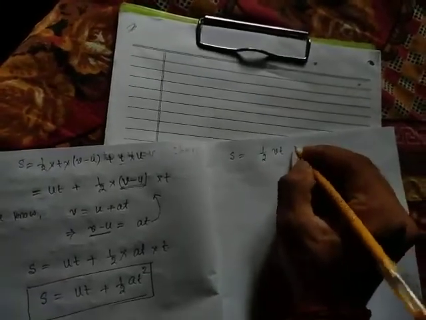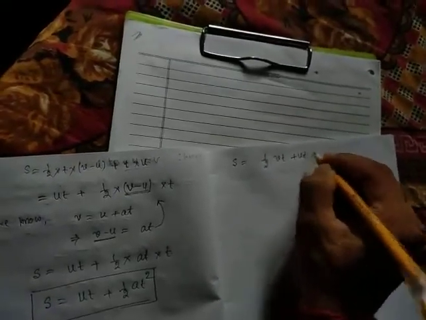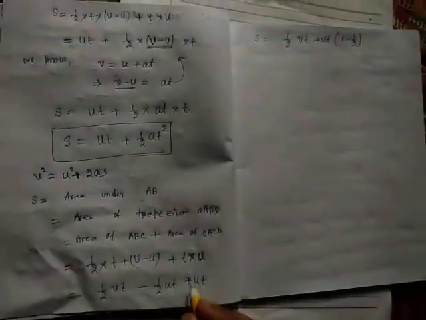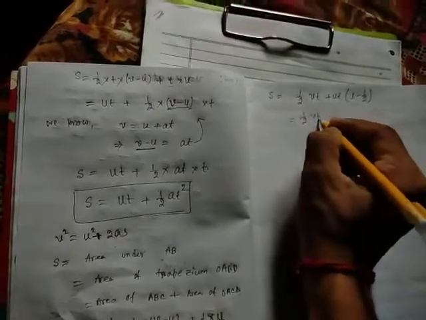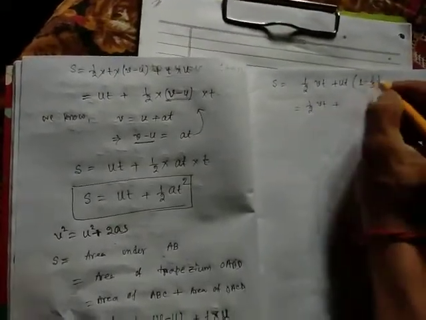half Vt. If I take ut common, then I will get 1 minus half. From the term minus half ut and from the other term 1, so 1 minus half means half.